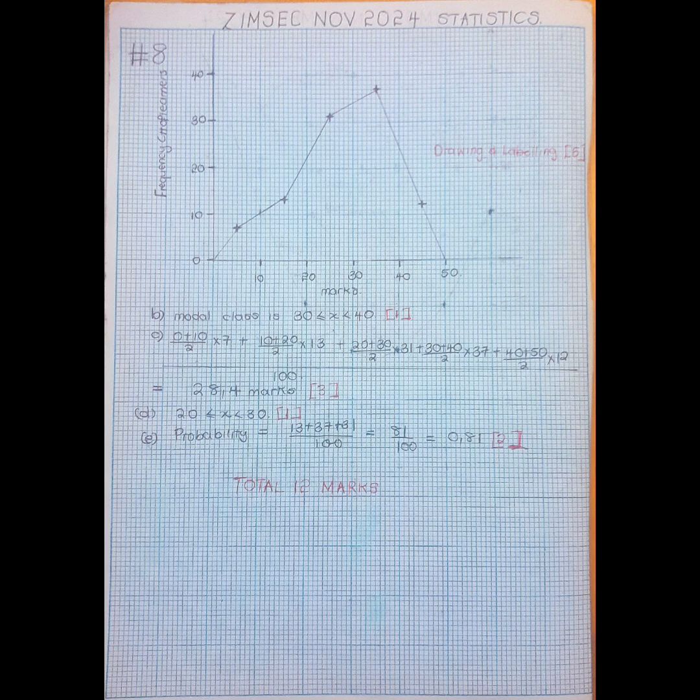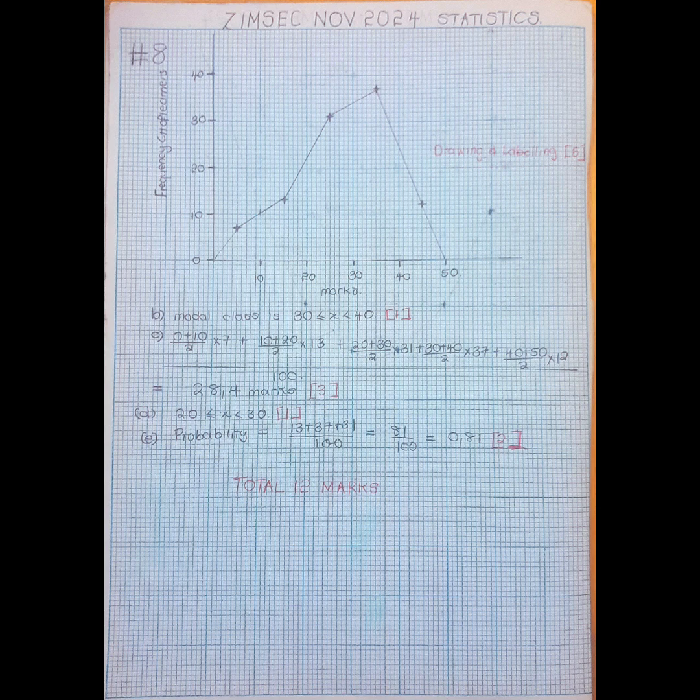So we are going to take 13, 31, 37. We add those frequencies together in order to get 81. It is 81 over 100, and we can write 81 over 100, or we can write it as a decimal, which is 0.81. So that was all about number 8.